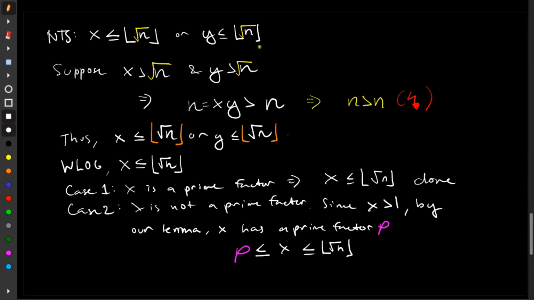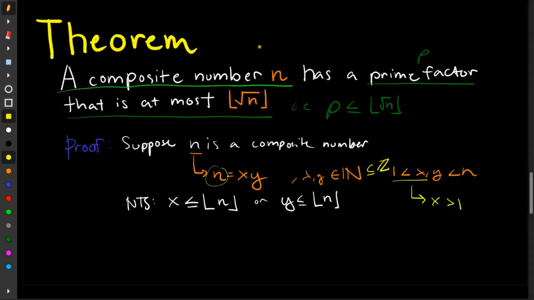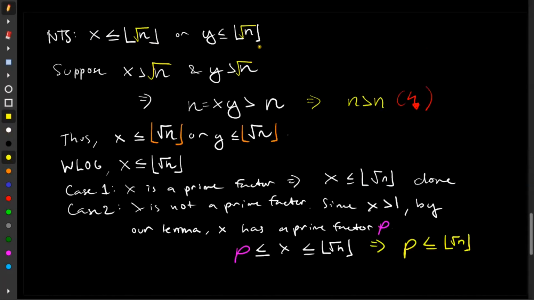So this inequality holds, and this one is equal to the inequality from our assumption. So we know now that P is less than or equal to the square root of n. Now are we done? Not yet, since we only know that P is a prime factor of x. We don't know if P is a prime factor of the original, which is n. So let's move on to the next page.